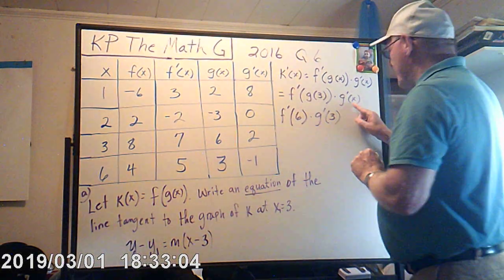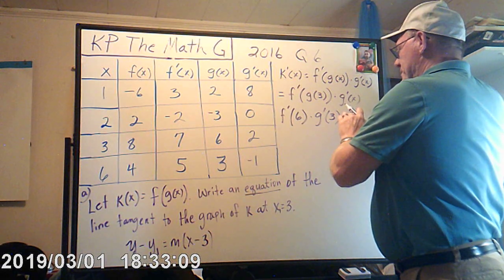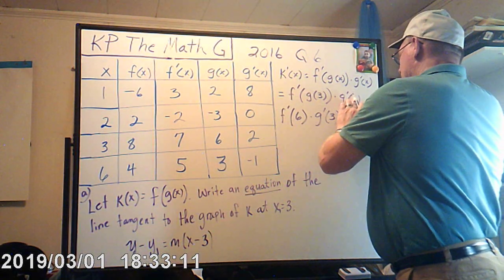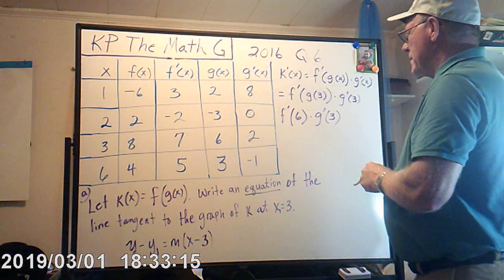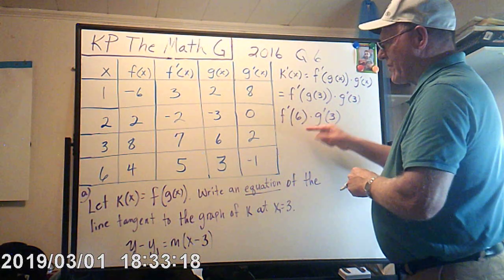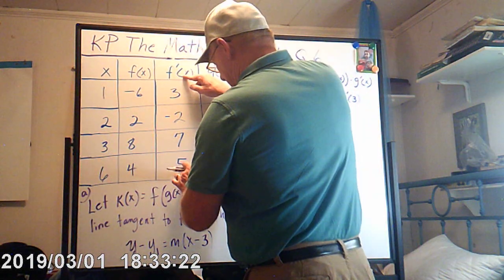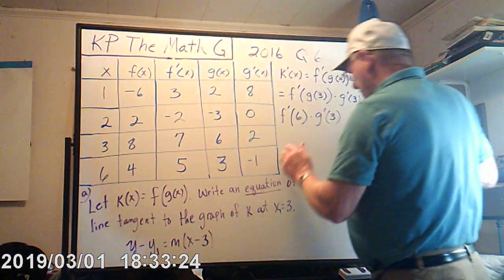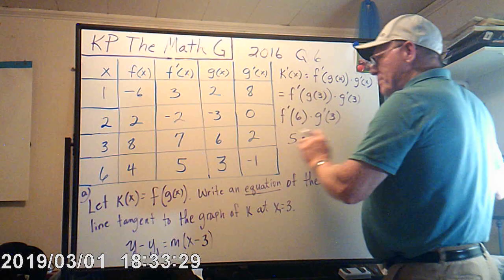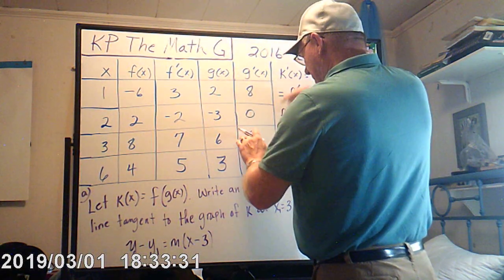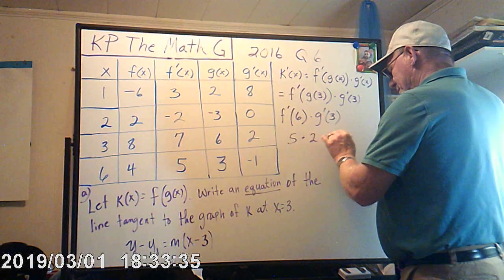You're still putting 3 in place of the x here. So I'm looking at f prime at 6. That is 5. So 5 times g prime at 3, which is 2. So 5 times 2 is 10.